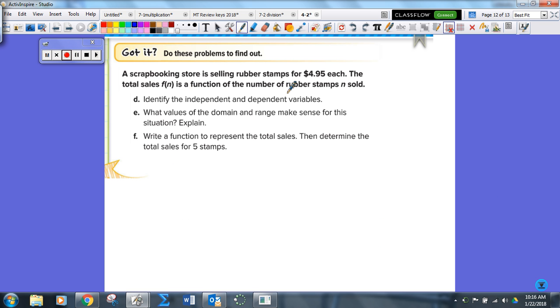Got it. A scrapbooking store sells rubber stamps for $4.95 each. The total sales is a function of the number of stamps, where independent is the number of stamps. The dependent is the cost. What values of the domain and range make sense? So our domain is our independent, so that's the number of stamps.